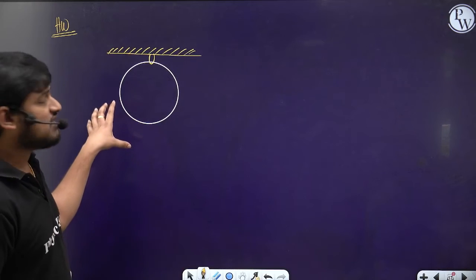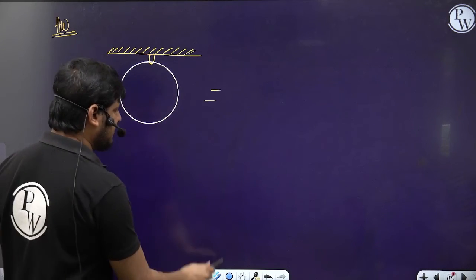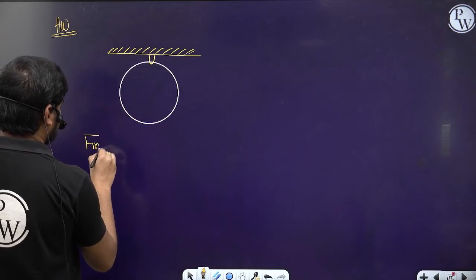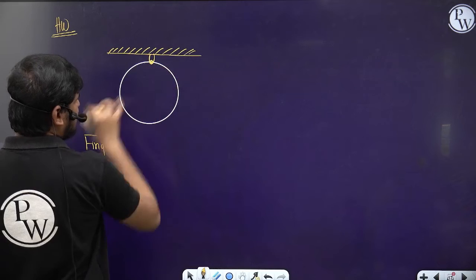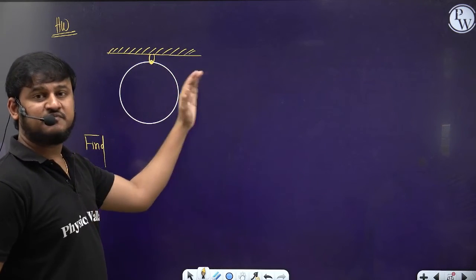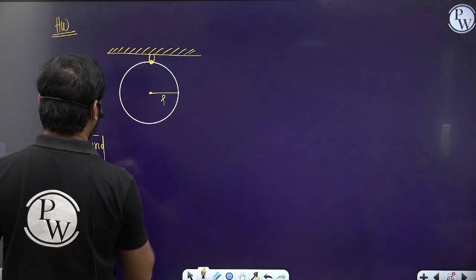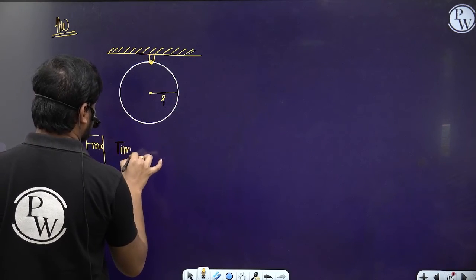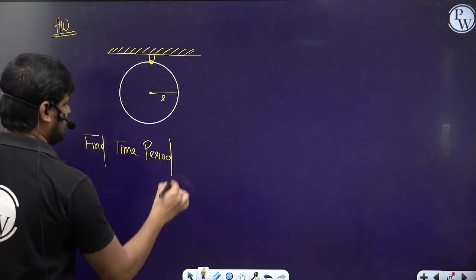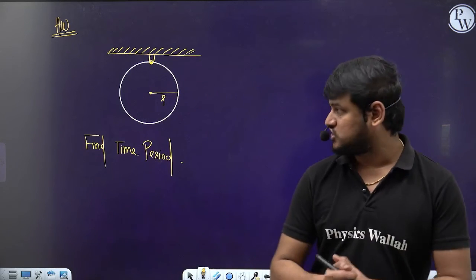If you give a small displacement to this, what will be the time period of it? This point is pivoted. You gave a small displacement, so it becomes a physical pendulum. Let's say its radius is r. Find the time period of it. Clear? Understood, guys?